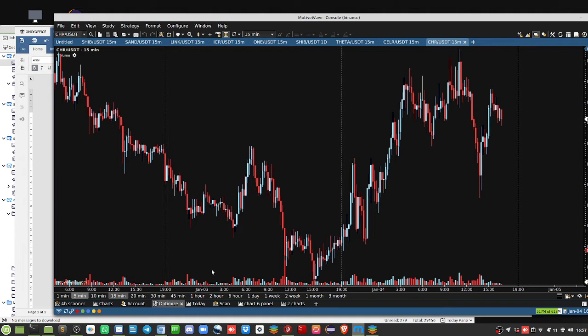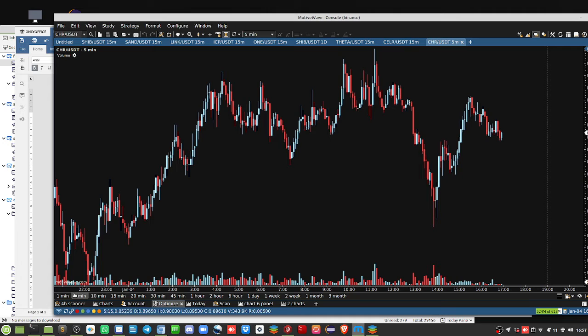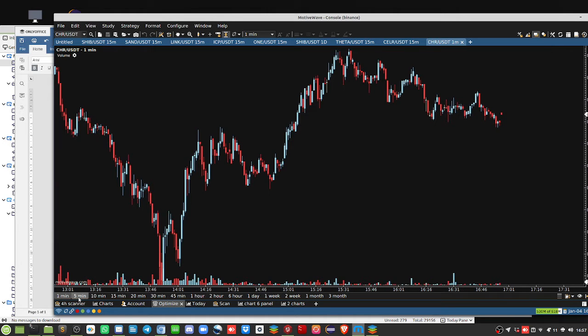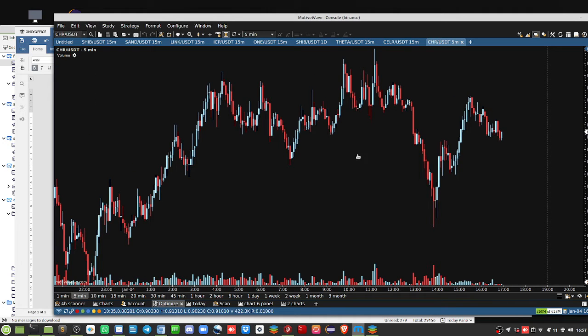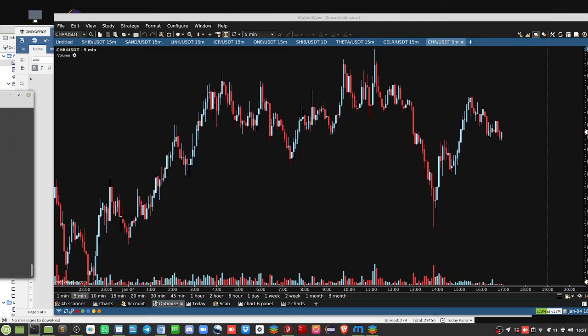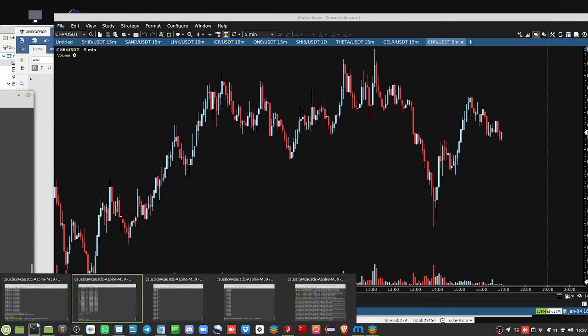You can obviously know that in the 5-minute chart, but if I was to generate this data again, we'd be able to see that if that's the case. So let me pull up another terminal here.